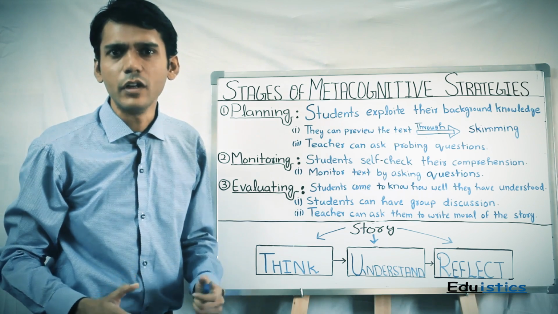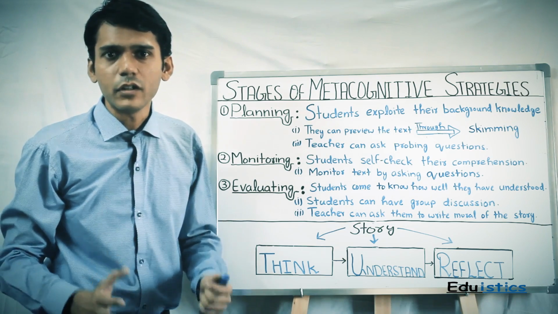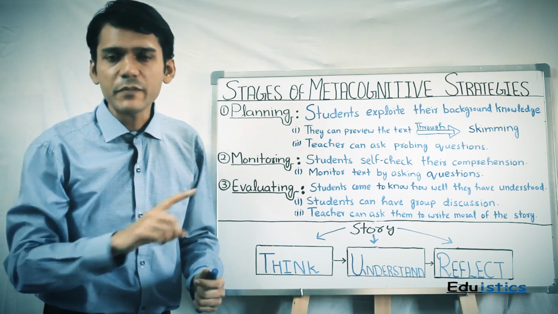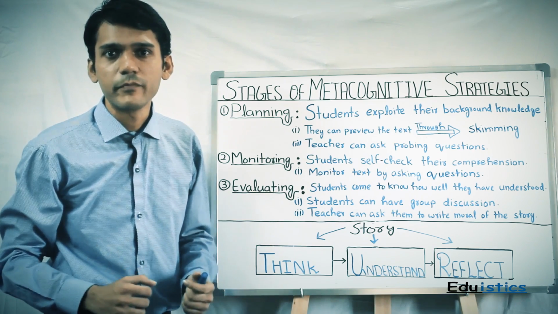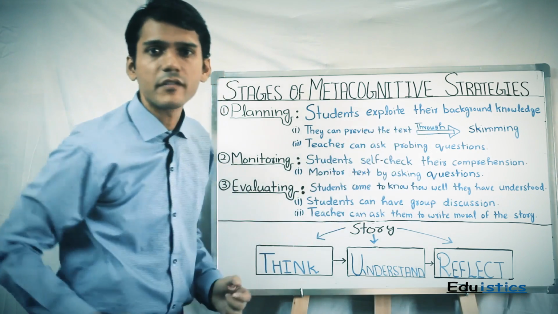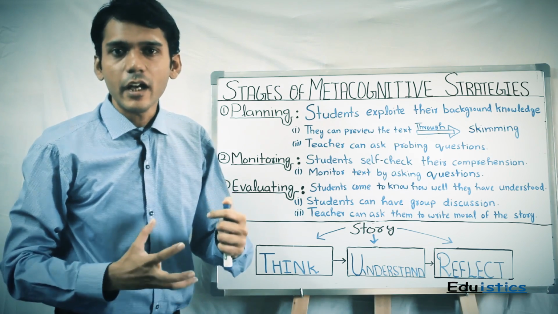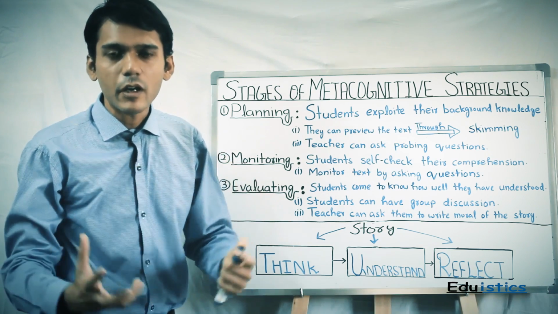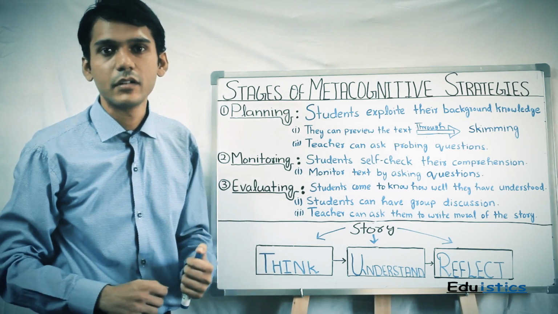It can be a glance at pictures given in the story or at the first two lines of each paragraph, or they can read the introduction of the story. Other than this, the teacher can ask some probing questions so that the background knowledge of the readers can be exploited.